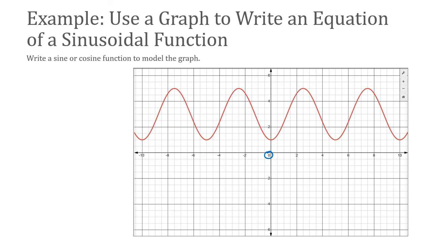In this particular case, it looks like I'm not at my highest value, but I'm at my lowest value. So what that tells me is that this is a cosine function that has gone through a horizontal reflection. So what that means is that my A value is going to be a negative number.